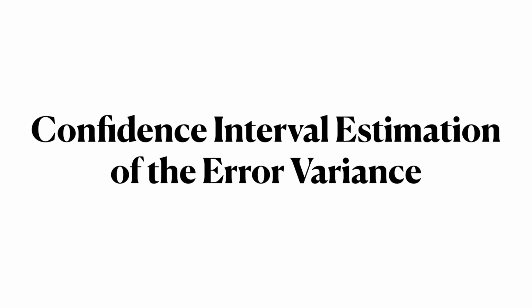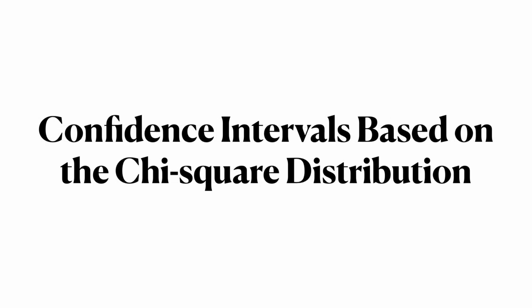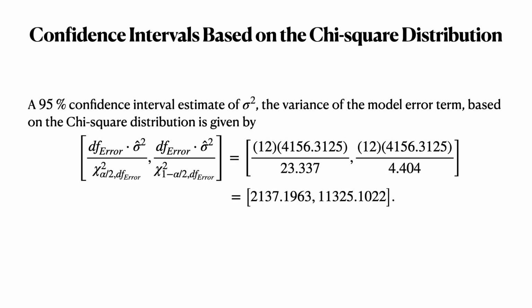Now we're going to construct two confidence interval estimates of the error variance sigma squared. The first interval is going to be based on the chi-square distribution, which is the actual distribution of our point estimator of sigma squared. And so a 95% confidence interval estimate of sigma squared, the variance of the model error term, based on the chi-square distribution, is given by this expression.